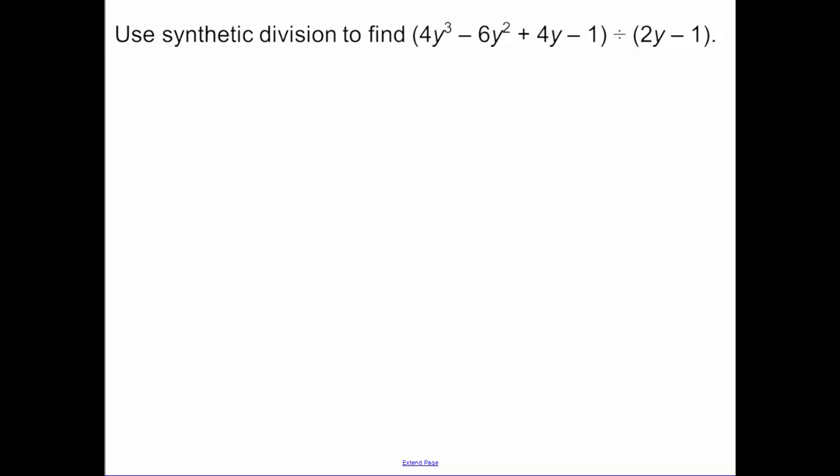Okay, this is our last example. Using synthetic division to divide these polynomials. So, using synthetic division to divide those, the coefficient on this has to be 1. So what I'm going to do is I'm going to write it like this. Okay.